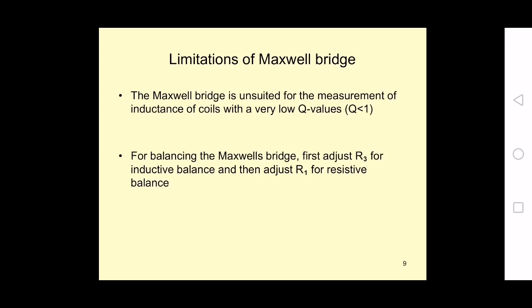It is used only for quality factors between 1 and 10, not for high values of Q and not for low values of Q, only for medium values of Q. So for balancing the Maxwell bridge, first adjust R3 for the inductive balance and R1 for the resistive balance. This is how we balance the Maxwell bridge, and we get the quality factor Q equal to omega C1 into R1.